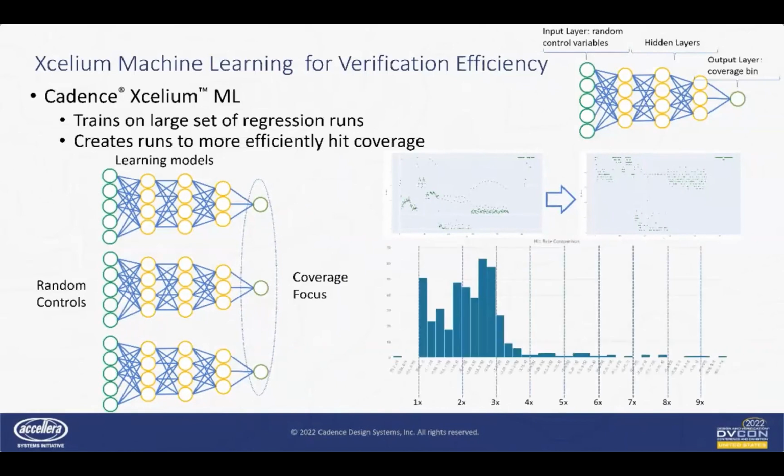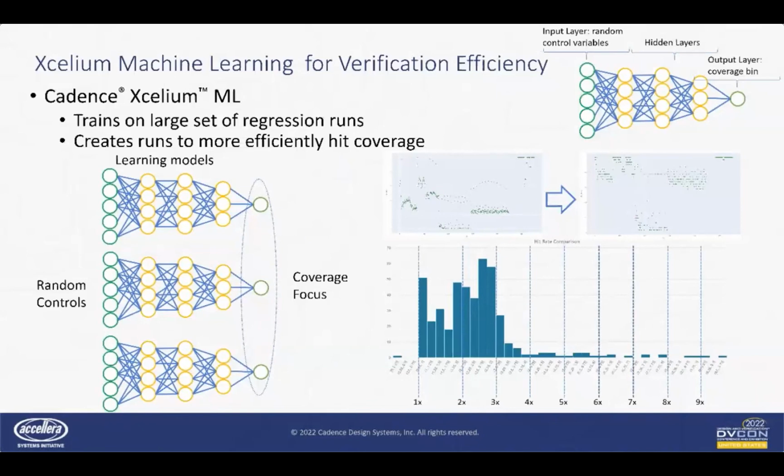So that's the goal. And this chart is another view of the same, where this is showing a histogram of this magnification of coverage bins. So you'll have some bins that only get magnified a little bit.